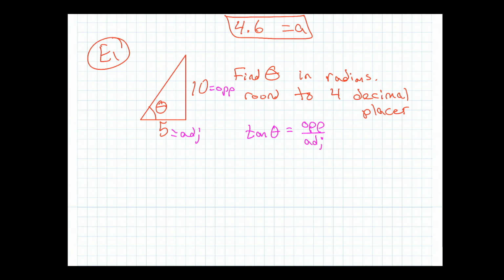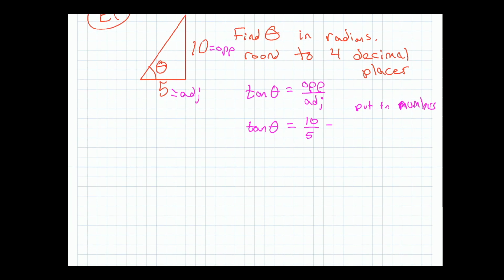All right. So then you put in your numbers. So I have tangent theta is opposite, which is 10, over adjacent, which is 5. So that's 2, actually. But then remember, you need an inverse trig function to find it.